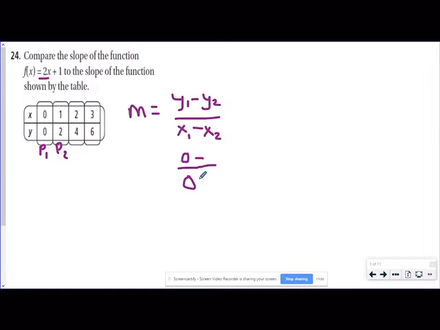And x2 and y2 come from point 2. What we have here is negative 2 over negative 1, which is equal to positive 2. So the slopes are equal.